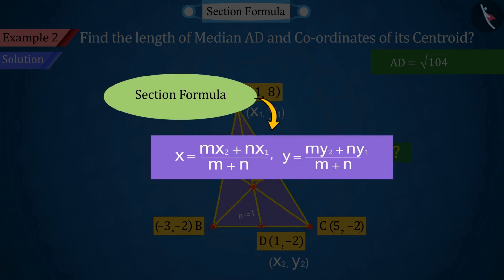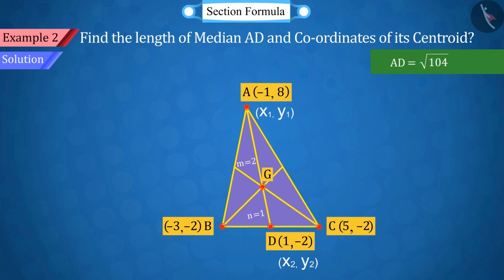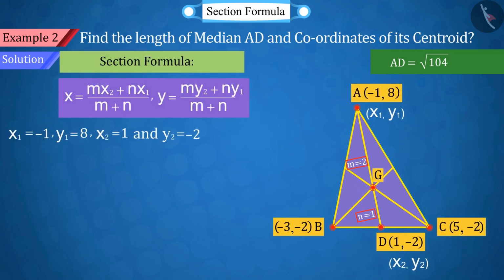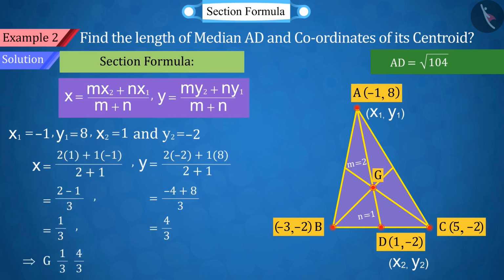For this, we will use the section formula, where the coordinates of point A are x1 equals -1, y1 equals 8 and point D are x2 equals 1, y2 equals -2. From m, n, x1, y1, x2 and y2, put the values in the section formula. On solving, the coordinates of point G we get are (0.33, 1.33).